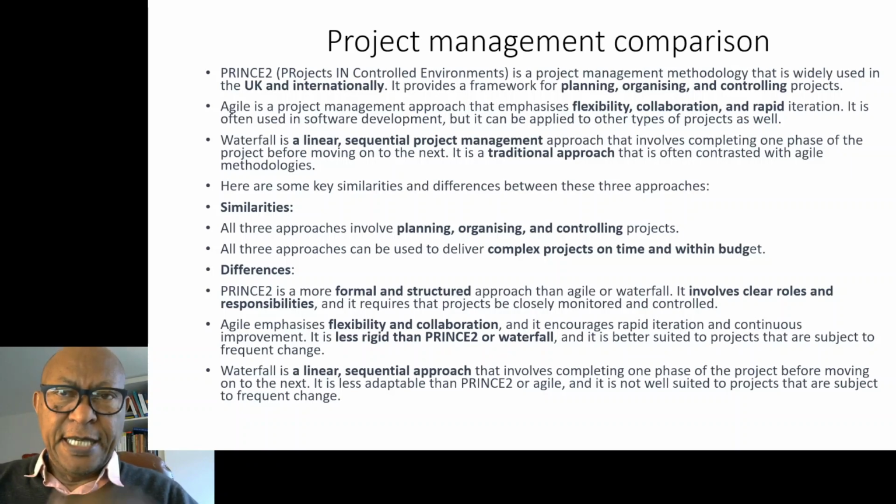What it means is the specification, what we're aiming to produce, is well defined, and all the stages from the beginning to the end are planned, and each stage has very clearly defined product outputs.